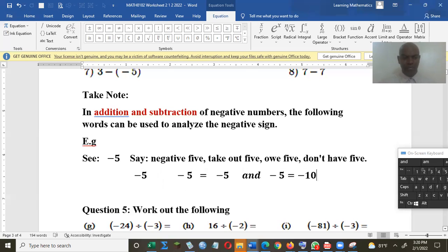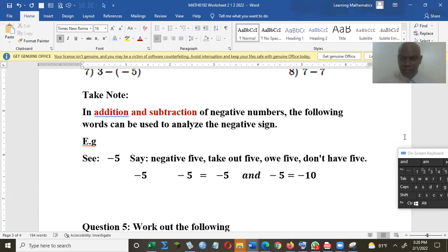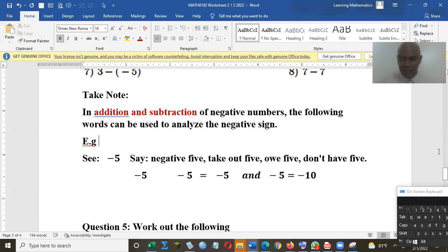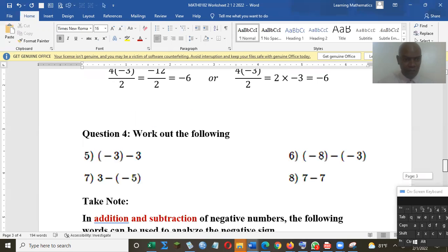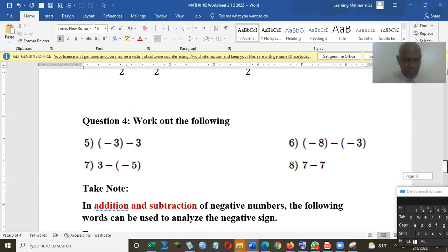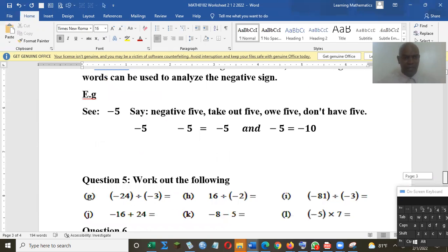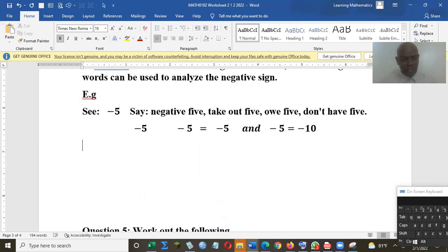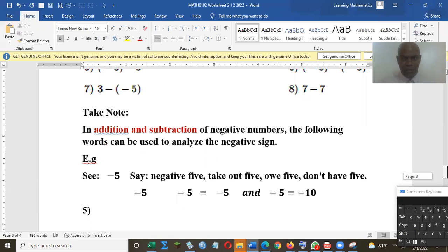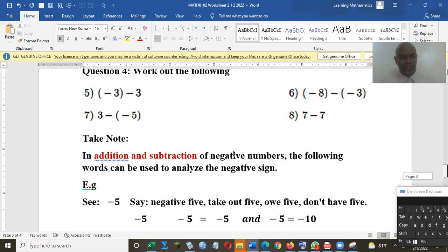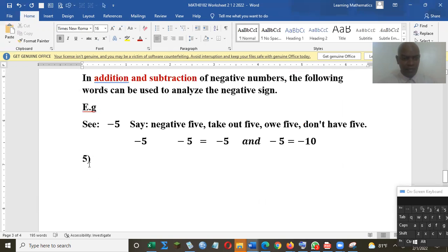Okay, so now when we look at this first question we have there, that's number 5 in the worksheet. Let's put 6, because of that 5, I don't want you all to confuse it. So let's use 6.